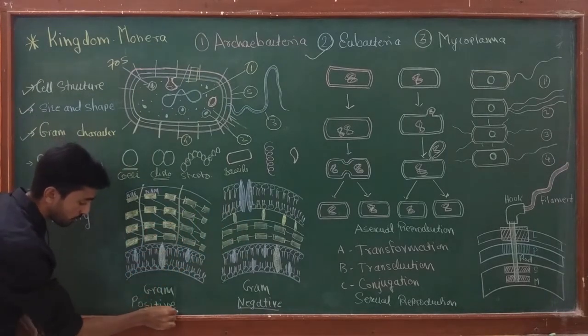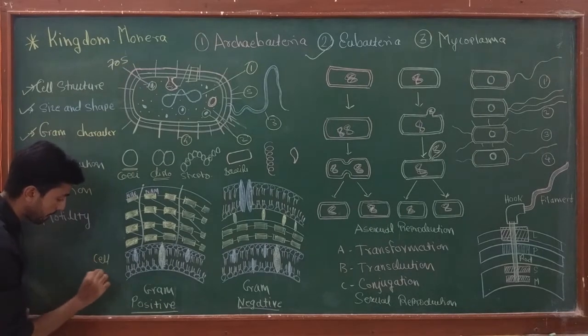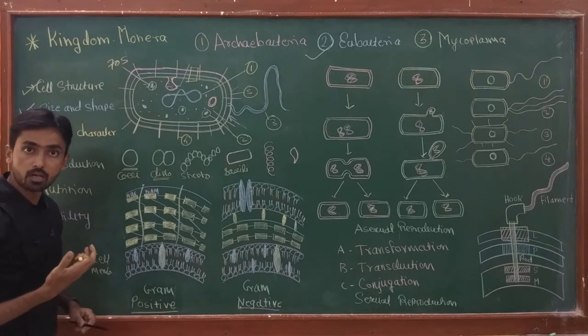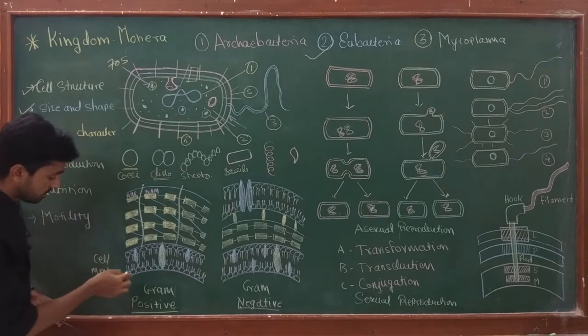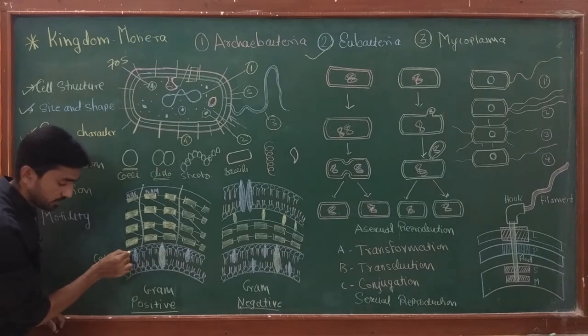If it is a gram positive bacteria, then it has a cell membrane which is made up of a phospholipid bilayer. The cell membrane has hydrophobic tails facing inward and hydrophilic heads facing outward.